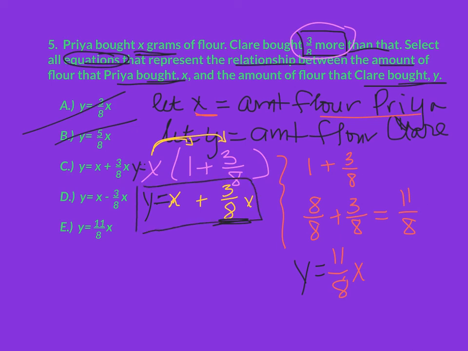Winner, winner. C works. We're going to keep checking though. D has Y equals X minus 3/8 X. Well, again, they missed the word more because this one decreases, so that's not right. And then the last one we have, Y equals 11/8 X, and look at that, we have it here, another winner, winner. There it is. So the two that match are C and E.